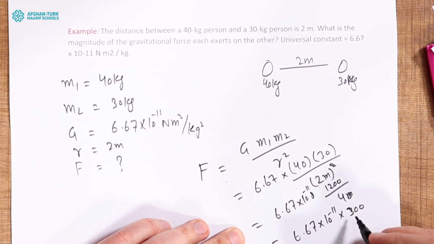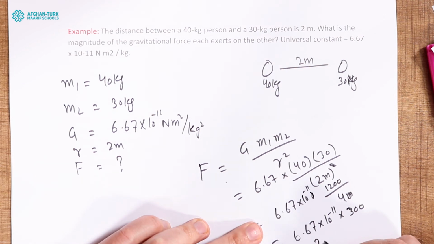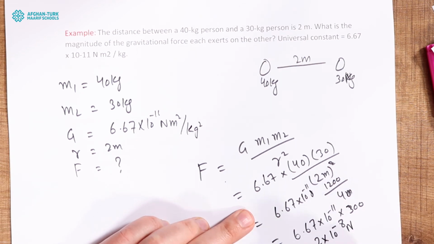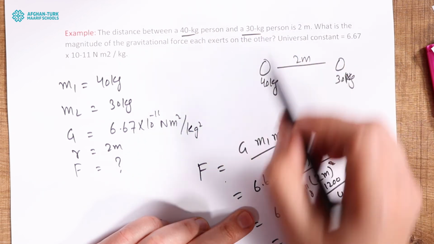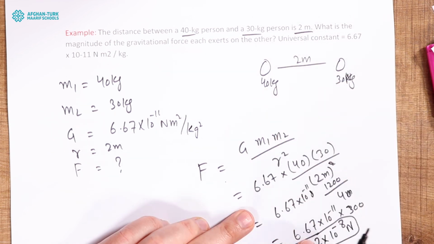Now multiply these two values, 300 multiplied by 6.67. So the final answer is 2 × 10^-8 Newton. This is the force of attraction between the two persons with masses 40 kilograms and 30 kilograms, and their distance is 2 meters.